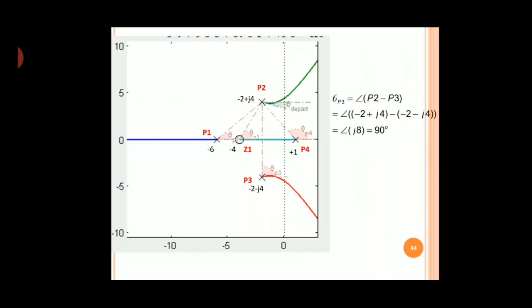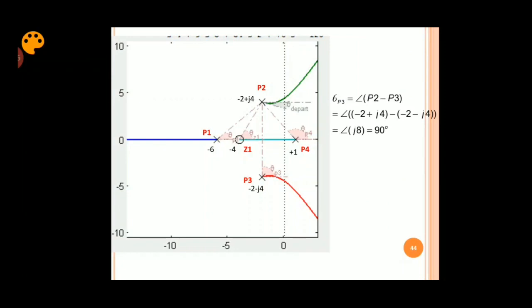The angle contribution by the pole P3 at P2 would be P2 minus P3. Remember, always P2 comes first because P2 is the pole where we are calculating the angle of departure. So P2 minus P3, substitute the values, get the angle. It is 90 degrees.